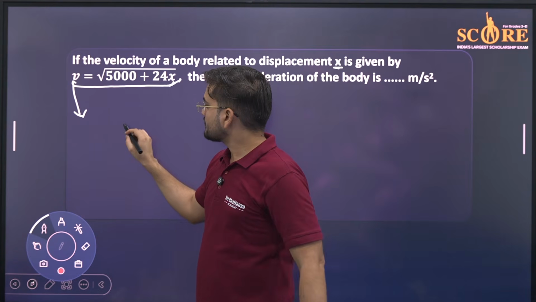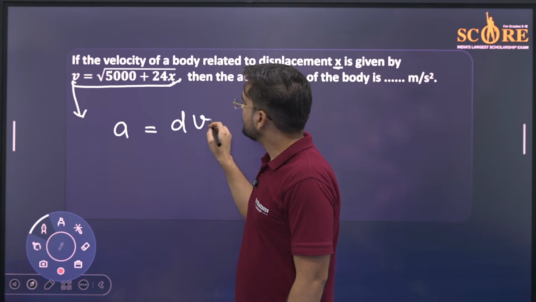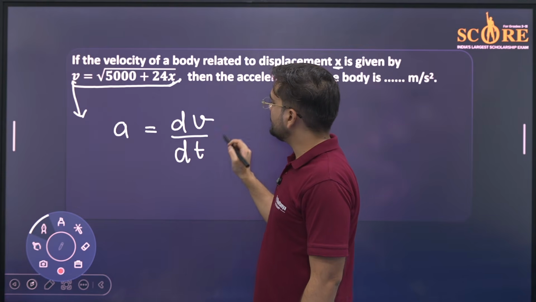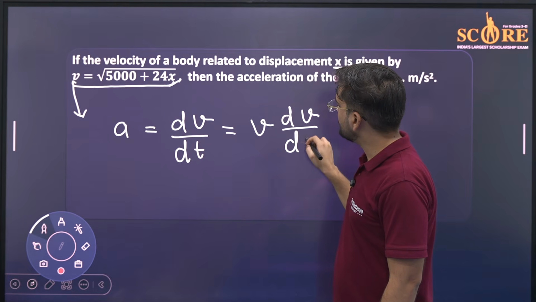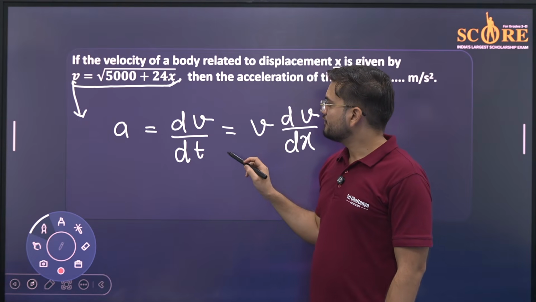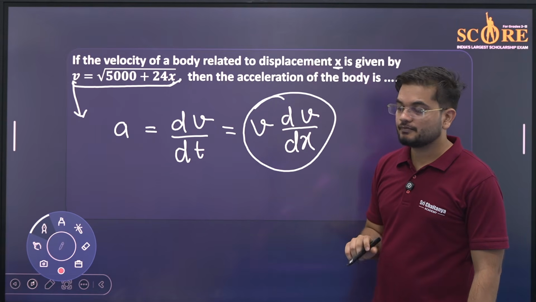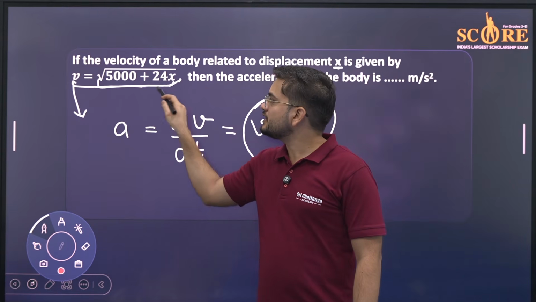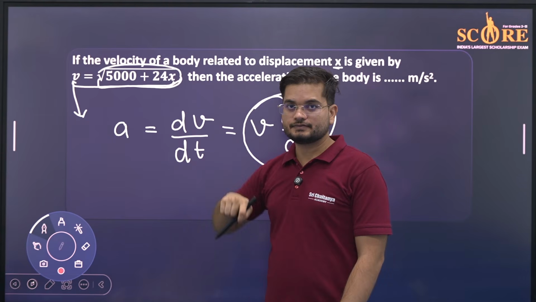Now what is the formula of acceleration? Acceleration is dv by dt, or another formula is v dv by dx. We will use v dv by dx because velocity is here as a function of x.